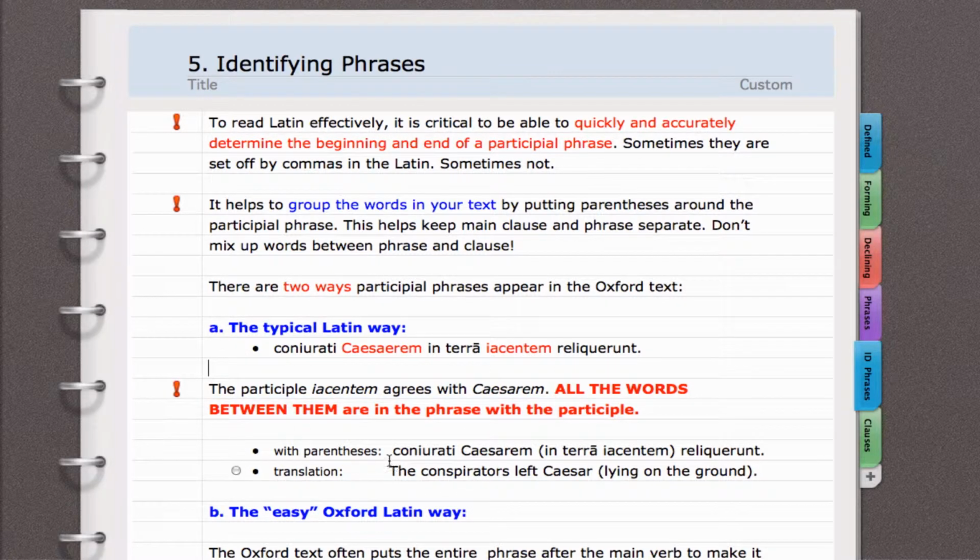So putting parentheses on it, it would look like this. Coniurati (Caesarem in terra iacentem) reliquerunt: the phrase goes as a package together, and then reliquerunt is your main verb. So it would still be a sentence. You would have a main sentence, coniurati Caesarem reliquerunt, and then in terra iacentem is the modifier of Caesar. So, the conspirators left Caesar lying on the ground.